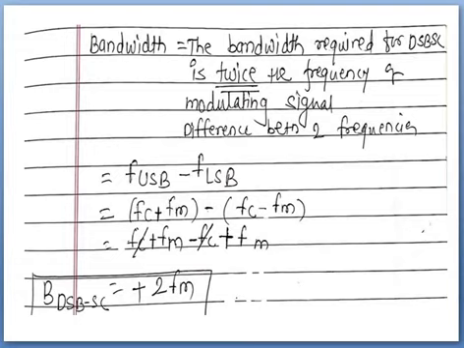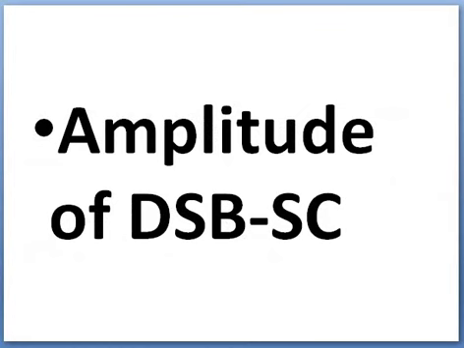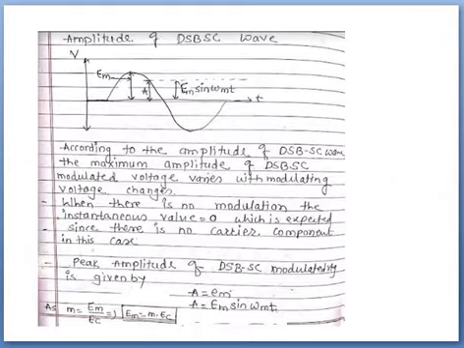Then next, amplitude of DSB SC. According to the amplitude of DSB SC, the maximum amplitude of the DSB SC modulated voltage varies according to the modulating voltage as shown in the wave diagram. When there is no modulation, the instantaneous value becomes 0, which is expected since there is no carrier component in this case.